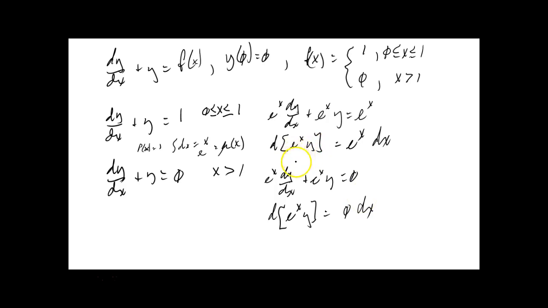And the top one, this will be e to the xy is equal to, what's the antiderivative of e to the x? E to the x, okay? Plus c. Then we divide everything by e to the x. And what we have is y is equal to 1 plus c e to the minus x.